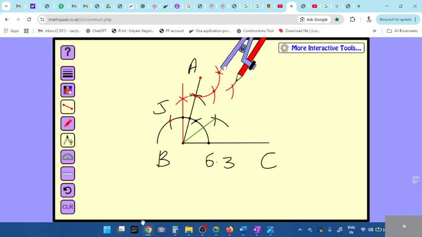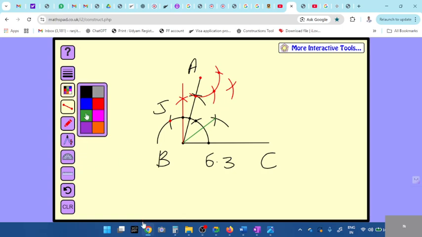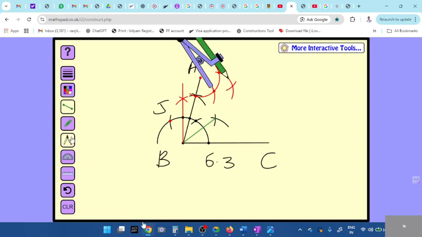See, this will give you 90 degrees. So 90 degrees done.